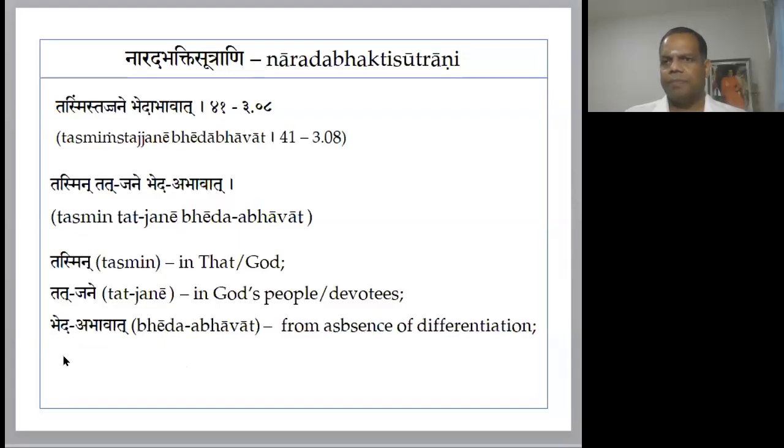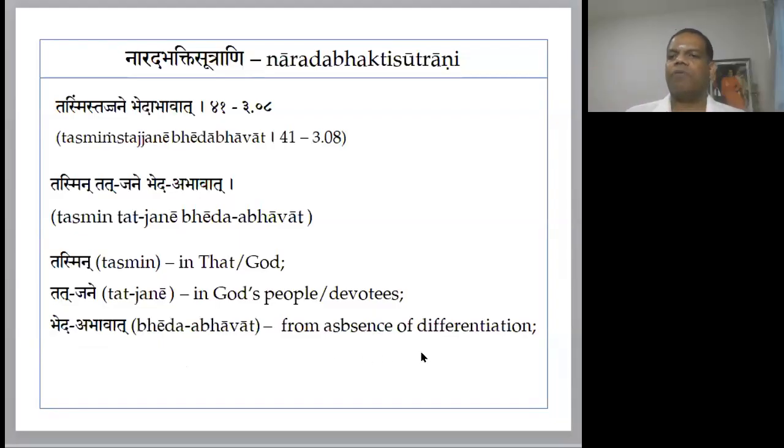Bheda means difference. Abhavat means absence of bhava. Bhava is to be, and bhava also comes from that word. Abhava means absence of that kind of feeling. So there is no feeling of differences.